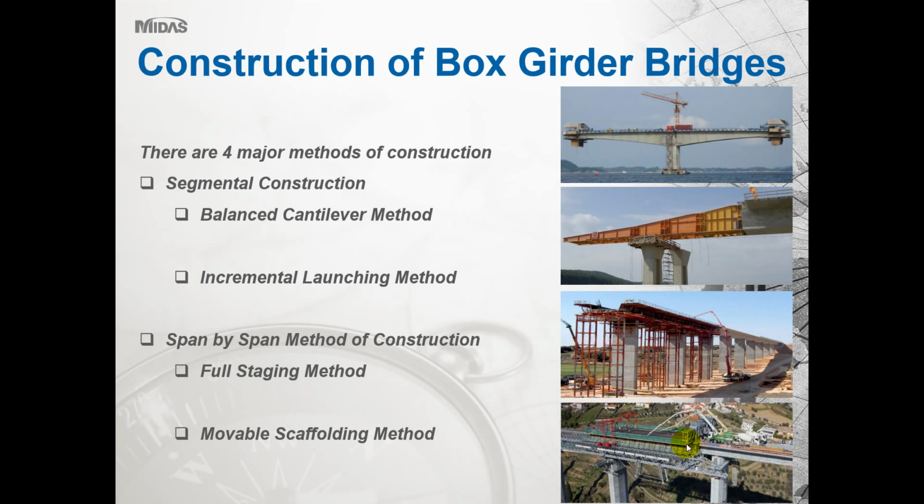Effectively the scaffold is quite large, and then you've got a large amount of concrete that's being dumped on the pier itself, so it creates a massive moment at that point. So that's all the wet concrete as the wet concrete is being cast for the next span. The full staging method, which is very suitable for horizontally curved bridges and for piers that are not very high, so you can actually create the scaffolding and build them up to that level.